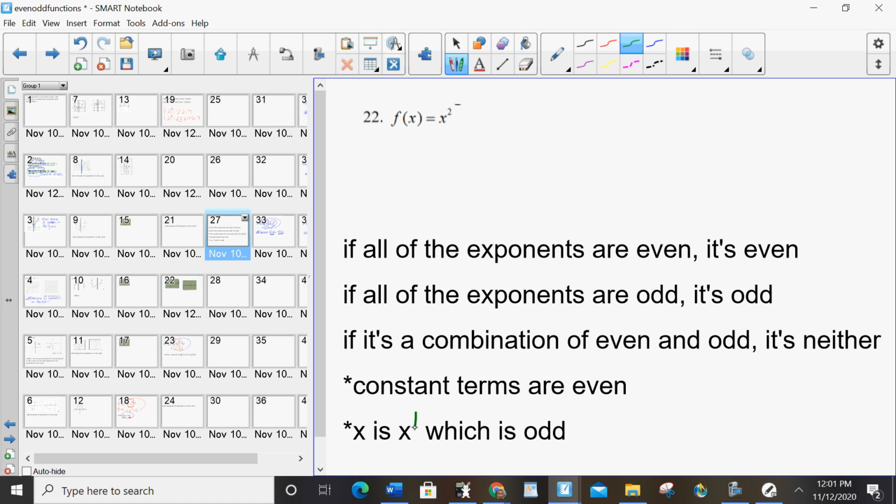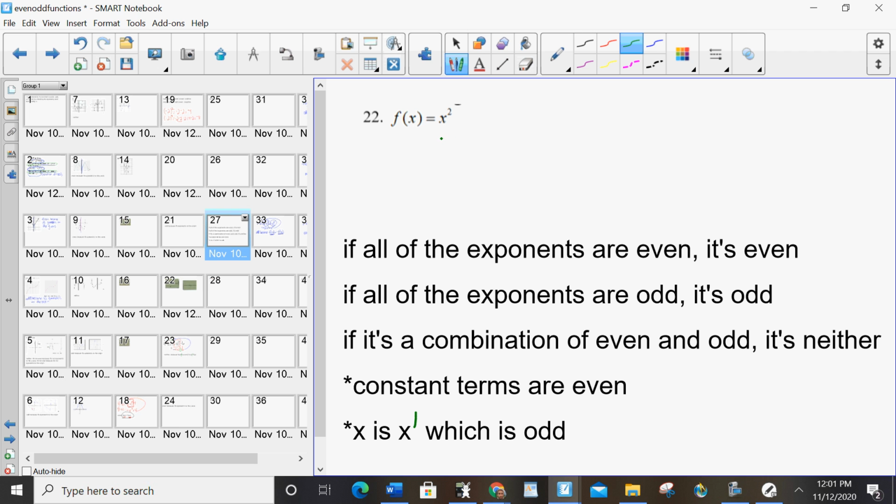I'll talk about what that means in a moment. So if all the exponents are even, it's even. If all the exponents are odd, it's odd. If it's a combination, it's neither. And then you have to understand that if you use this shortcut, constant terms are always even. I'll explain why in a moment. And if it's just a regular x, it's x to the first, which is odd.